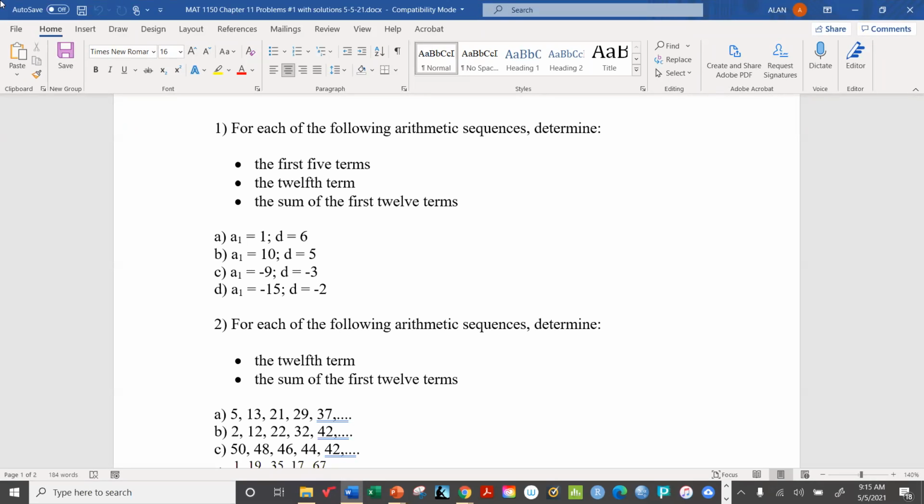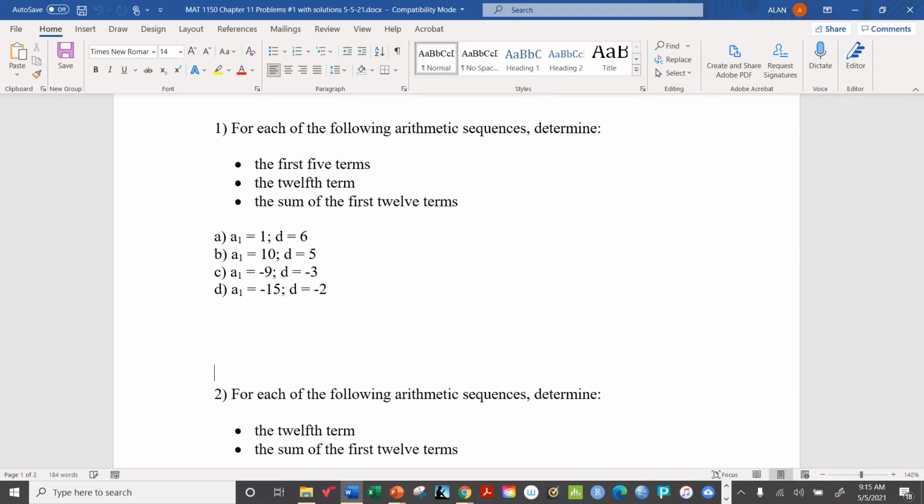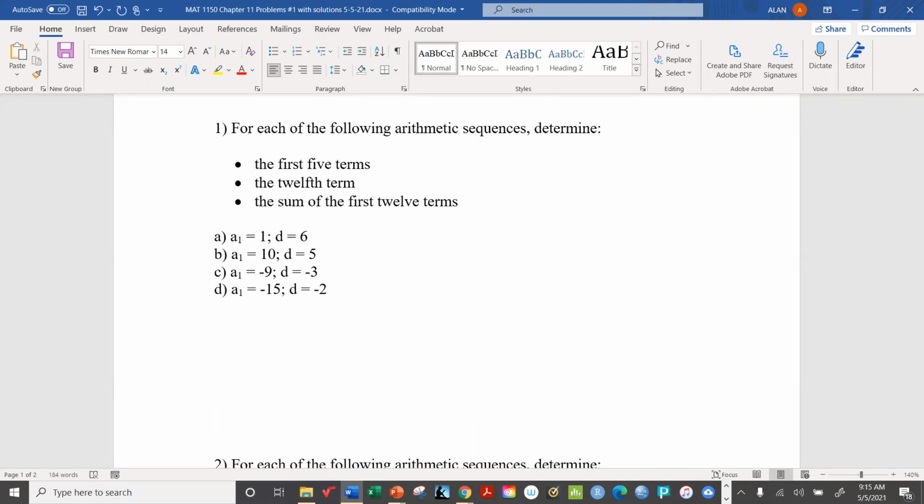The arithmetic sequence is the one where there's a common difference between all the terms. And the geometric sequence is the one where there's a common ratio between the terms. So in the first part, we're already being told that these are arithmetic sequences. So what do we have to do?